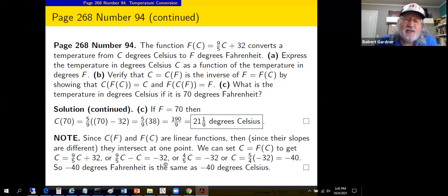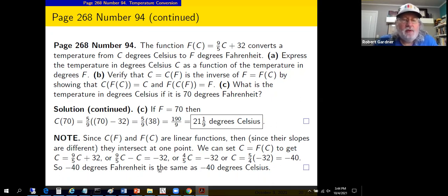The 32 becomes a negative 32. We'll then have 9/5 C minus C, writing it in the opposite order over here. 9/5 C minus C is 5/5 C, would leave us with 4/5 C equals -32. Cross multiply by the 5/4. Lo and behold, it produces C equals -40.